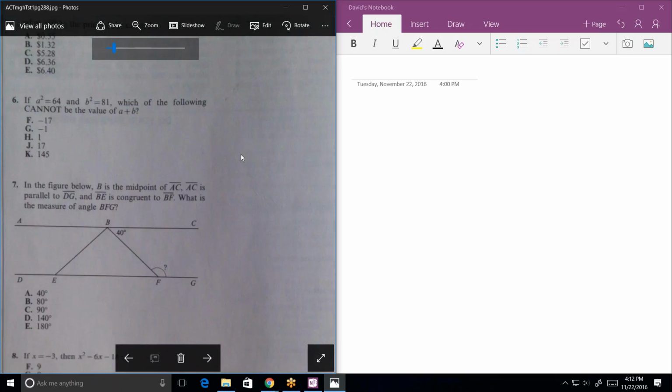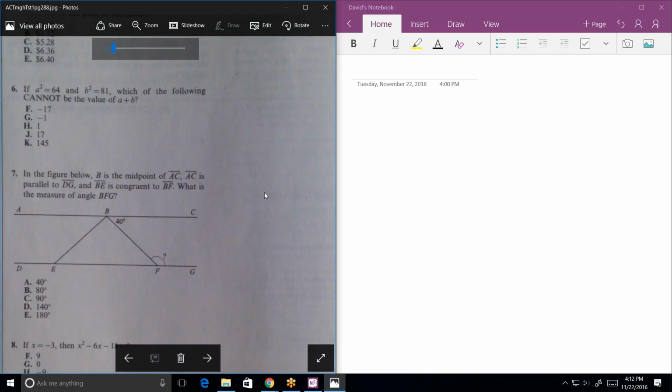So if a squared equals 64, that's 8 times 8, or negative 8 times negative 8, and b squared equals plus or minus 9 squared. Which of the following cannot be? So negative 8 plus negative 9.